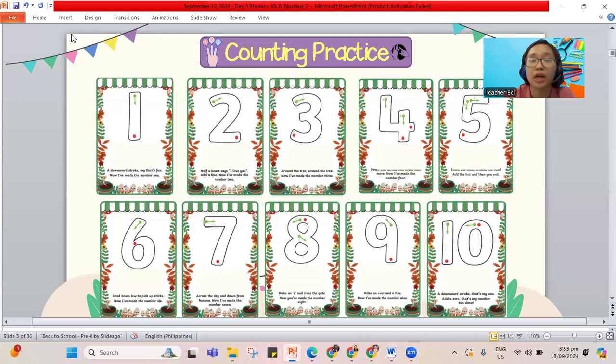So there are the numbers that we counted, 1 to 10. Again, let's check our screen. We have 1, 2, 3, 4, 5, 6, 7, 8, 9, and 10.